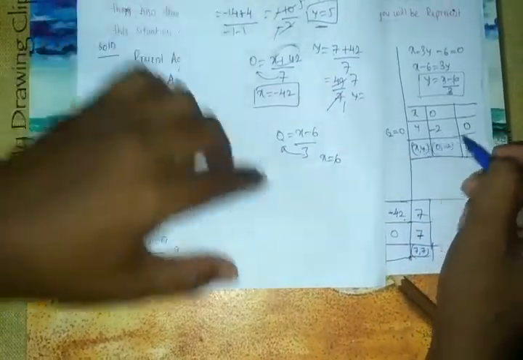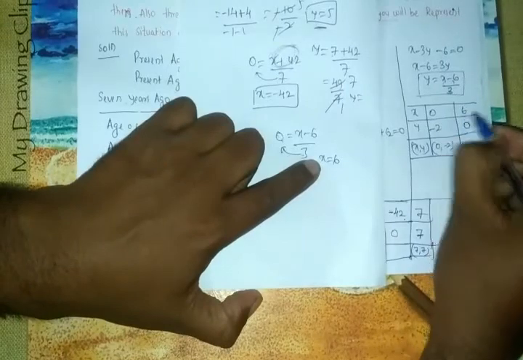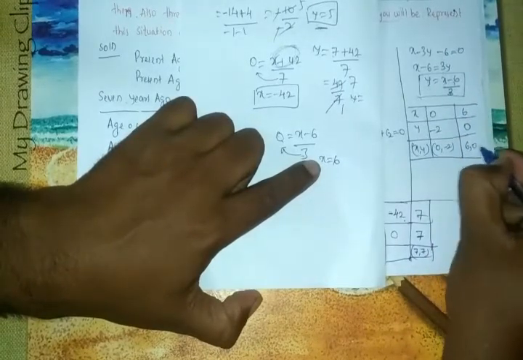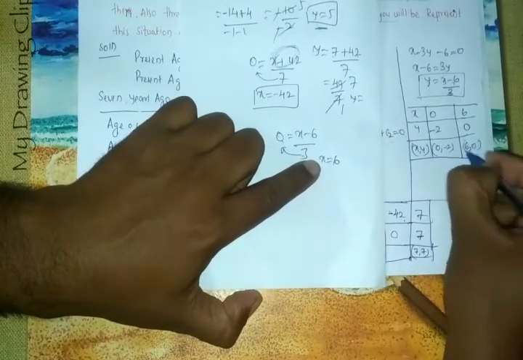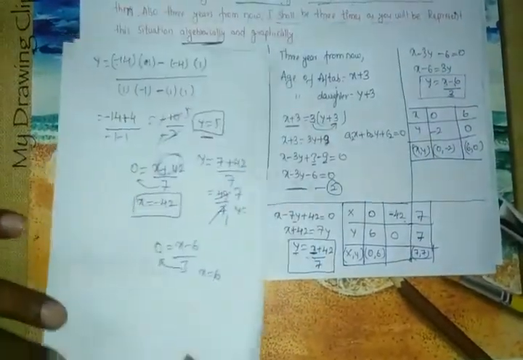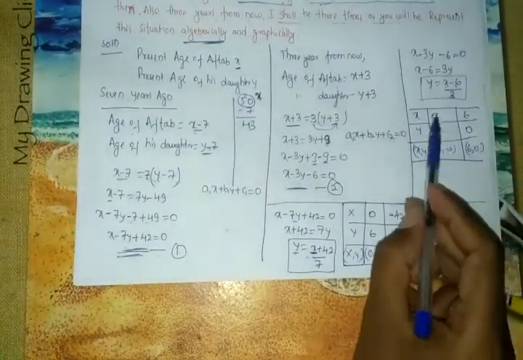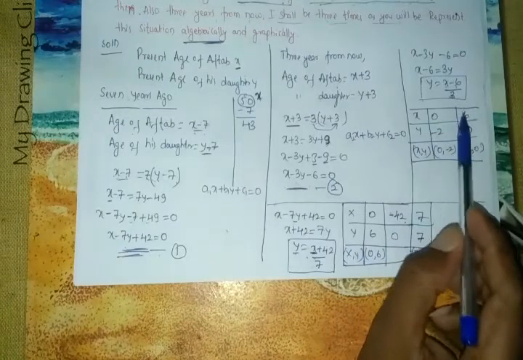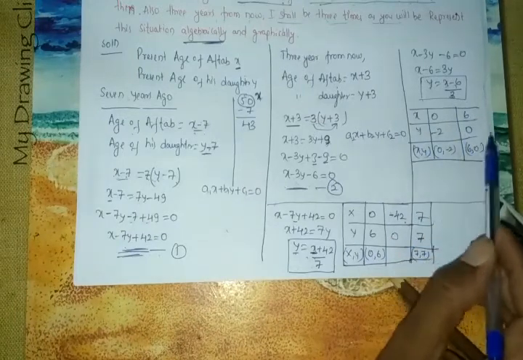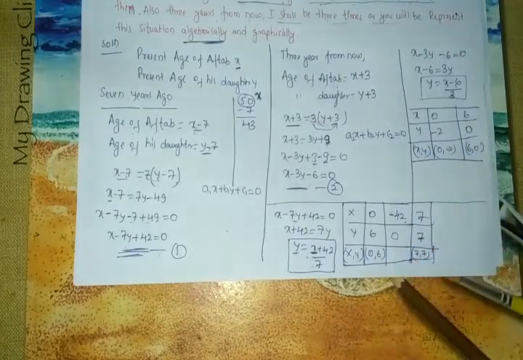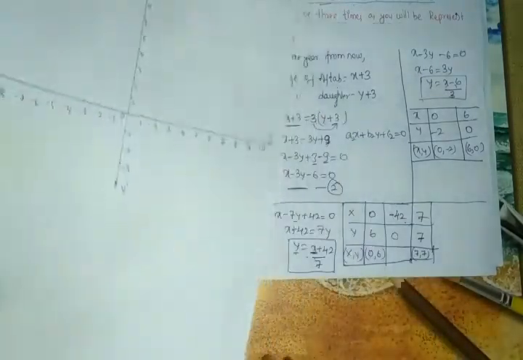So when y is 0, x will be 6. So my coordinates are 6 comma 0. You can take any random values, but you should get a minimum of 2 points to represent a line in the graph. Let us try to plot these 2 points in the graph.